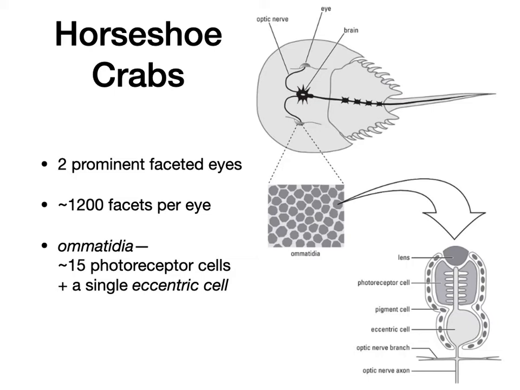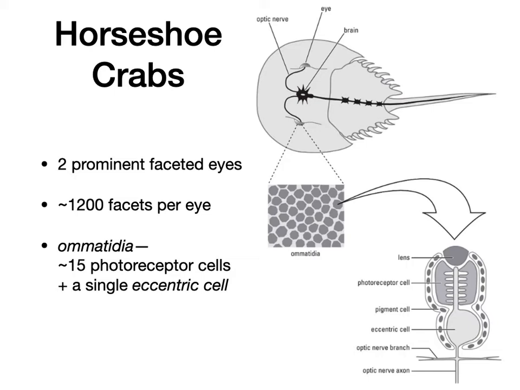So there's about 1,200 facets on the eye, and in each of those is an ommatidia, which contains about 15 different photoreceptor cells and a single eccentric cell that is going to catch all of the light from the various photoreceptors.